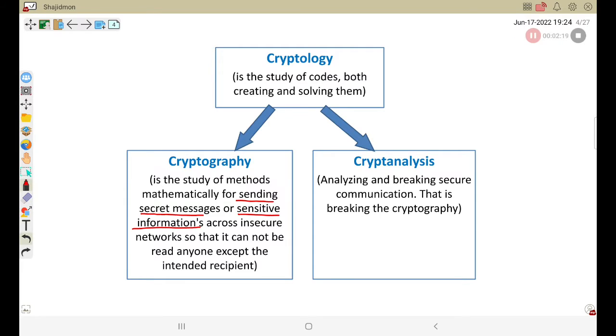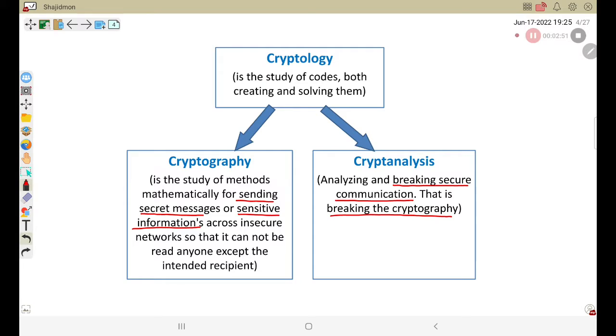Now, just the opposite of cryptography is cryptanalysis. Cryptanalysis means analyzing and breaking the secure communication, or simply we can say hacking. Someone who knows more about codes and how to break them can break the communication. Analyzing and breaking the communication is what we call cryptanalysis, or breaking the cryptography.